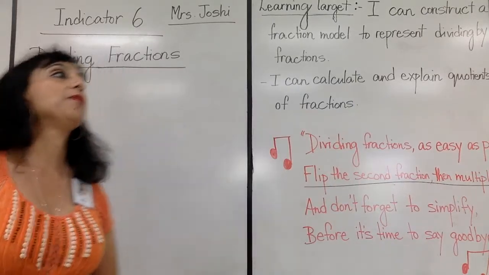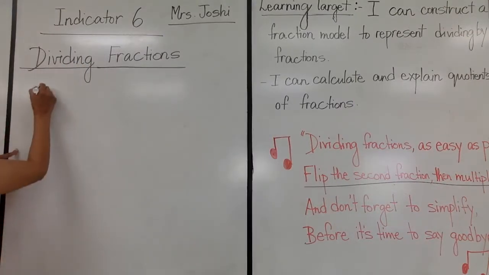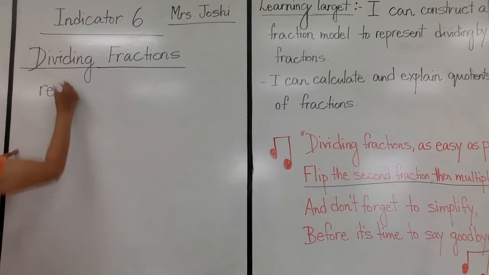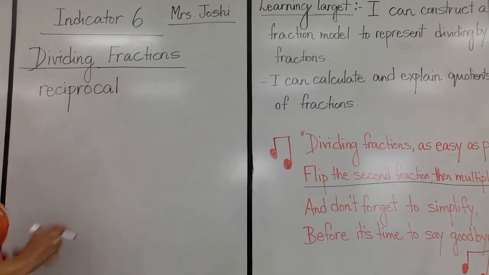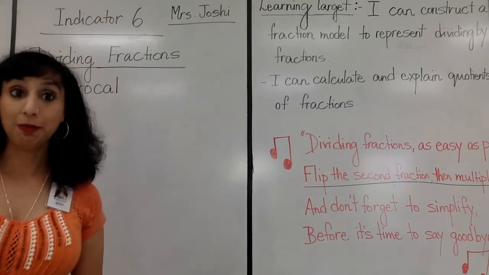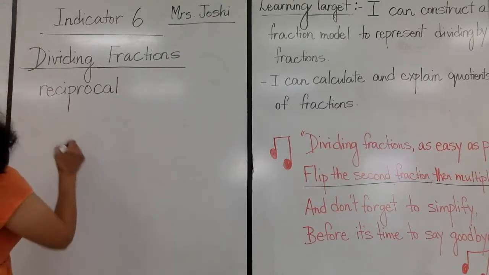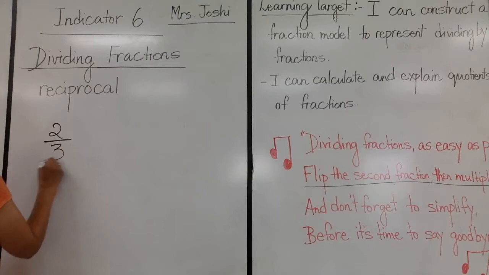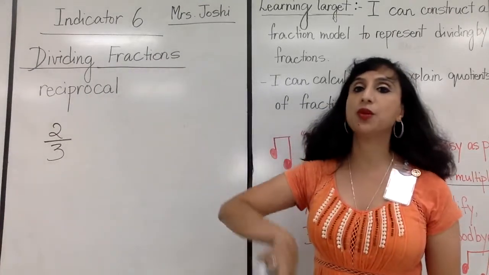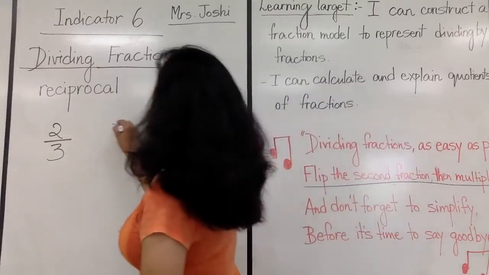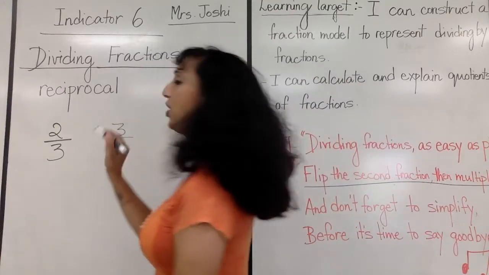So the most important thing, you've got to remember this term, what reciprocal means. And that's what flipping means. So if I say 2/3, the reciprocal of 2/3 is the flipped version, which is 3/2.